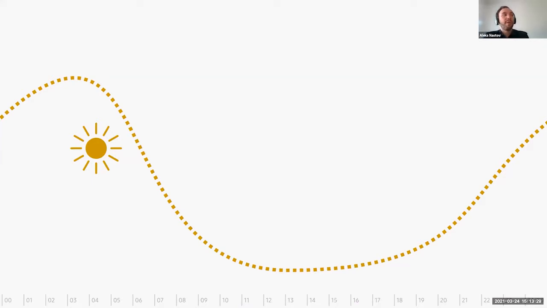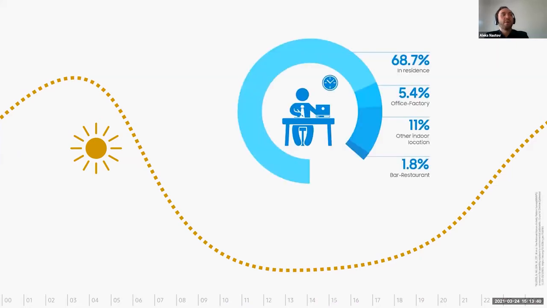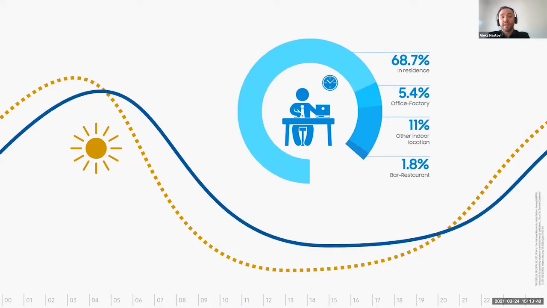The only problem is that we have spent more and more time indoors over the last 100 years. By now, more than 80% of our time is spent indoors, which has a strong effect on us, and which can also be measured in our melatonin level over the day.